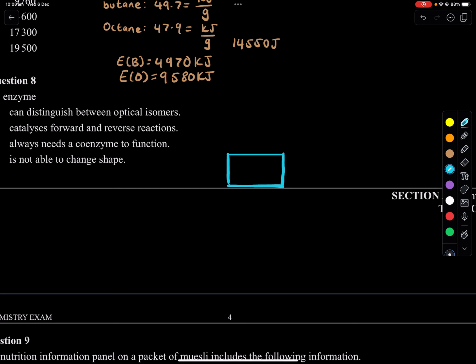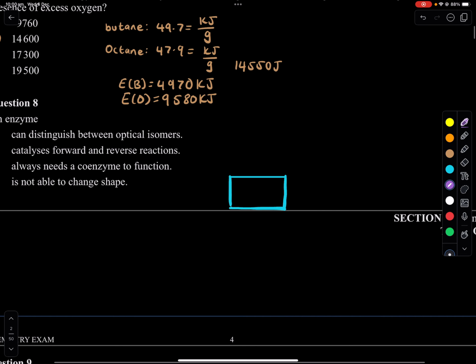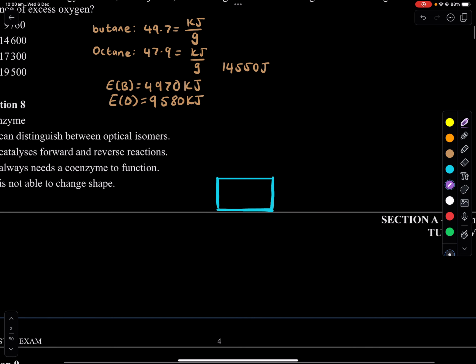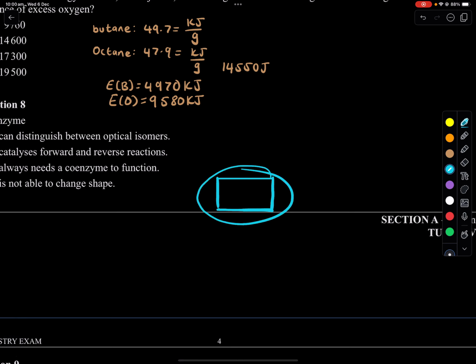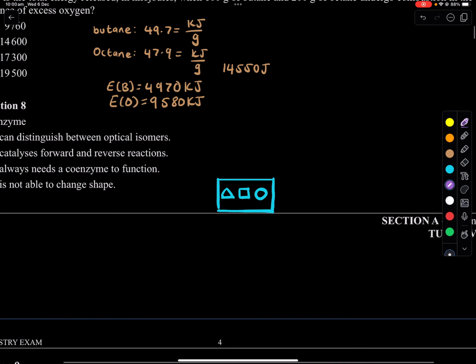So for example, let's say this here is your enzyme, and it has a specific active site. So let's just draw a square in the middle, a triangle, a circle, and say we have an isomer. An optical isomer has its own mirror image, and they cannot be superimposed.